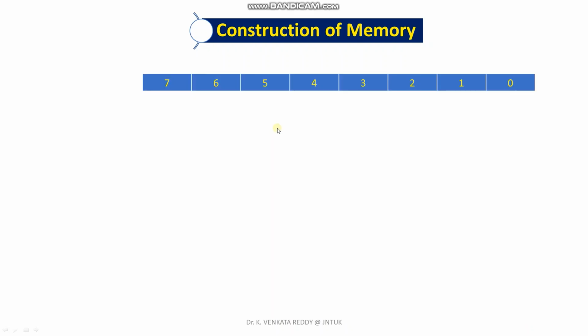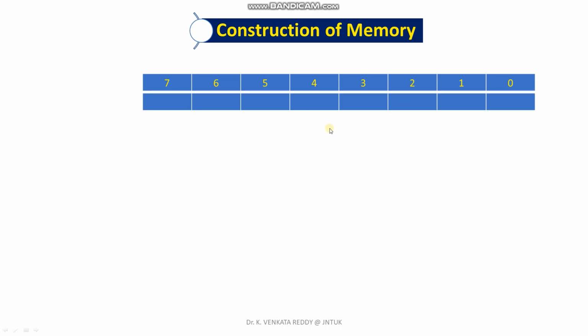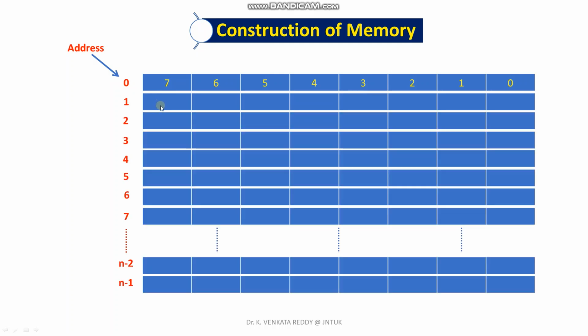In computer memories, the memories are created by grouping bytes. Here we have 2 bytes, numbered as 0 and 1. The unique numbers provided to each byte are called their addresses. If you have n bytes of memory, they are numbered from 0 to n minus 1.